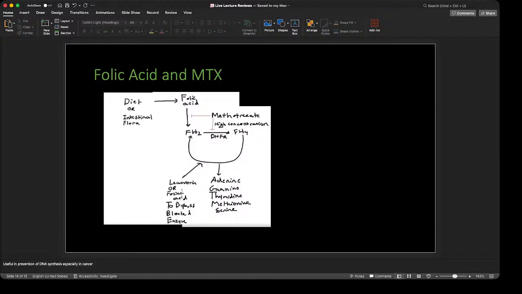So that's something to keep in mind. And then leucovorin, or folinic acid, is used to bypass the blocked enzyme. So if anyone has any questions on this diagram, just feel free to let me know.